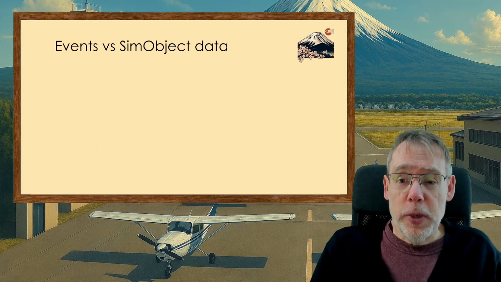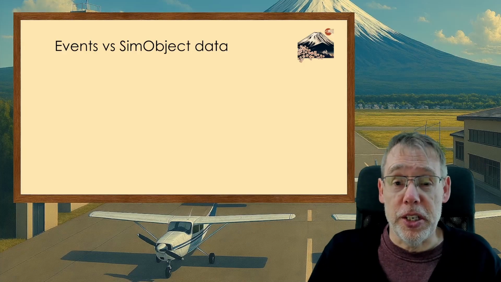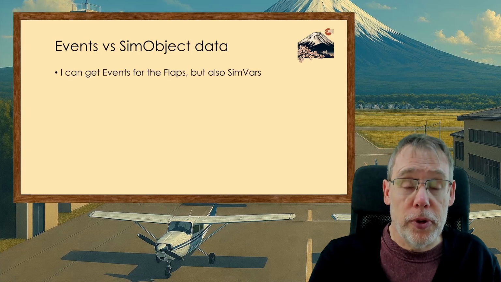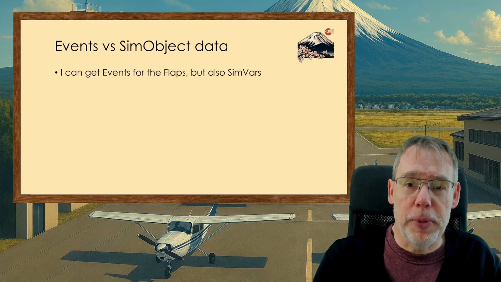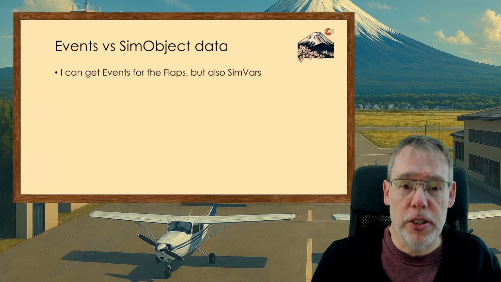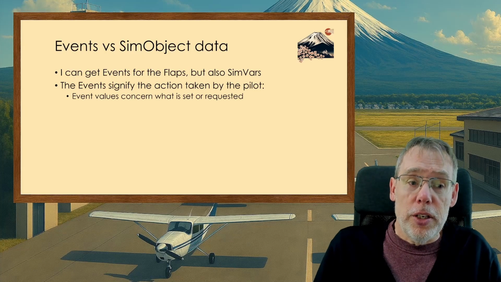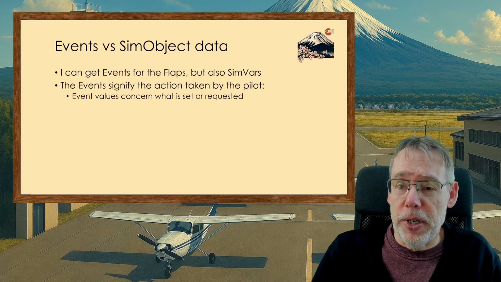Now, of course, the big question is, I have events, but I also have SimObject data. So how do these correspond to each other? For example, we have flaps. We can get an event about flaps being set, but we can also get SimObject data on the current state of the flaps. That is because events generally signify the action taken by the pilot.